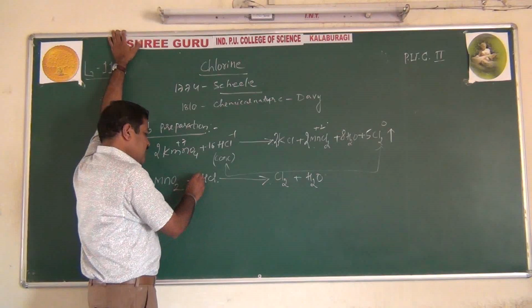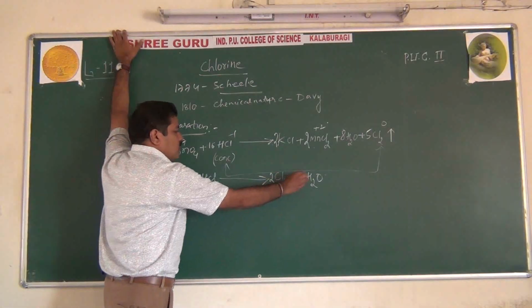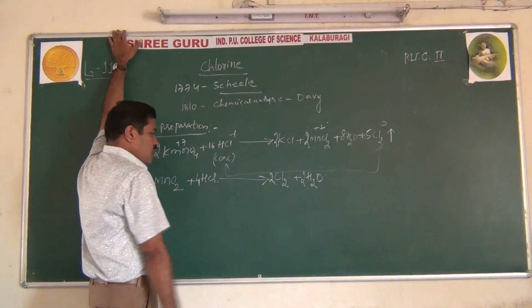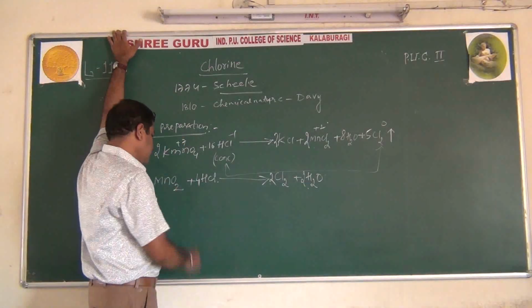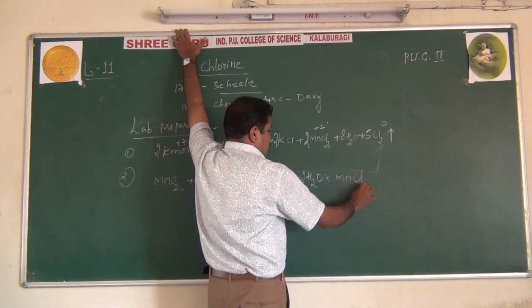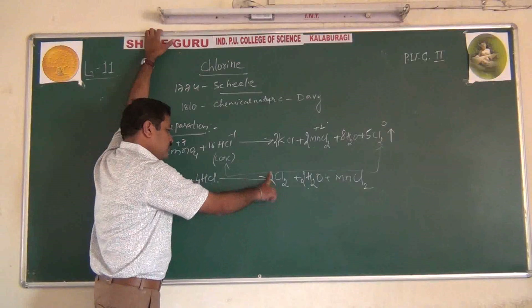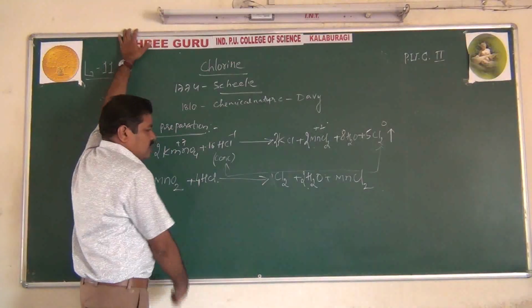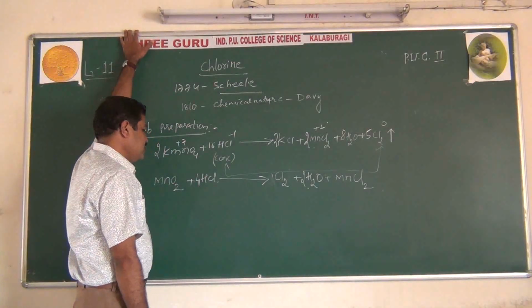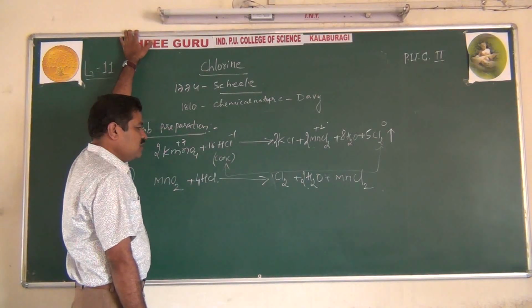So 4HCl, Cl2, 2H2O and MnCl2. Now it's a completely balanced equation, no doubt.